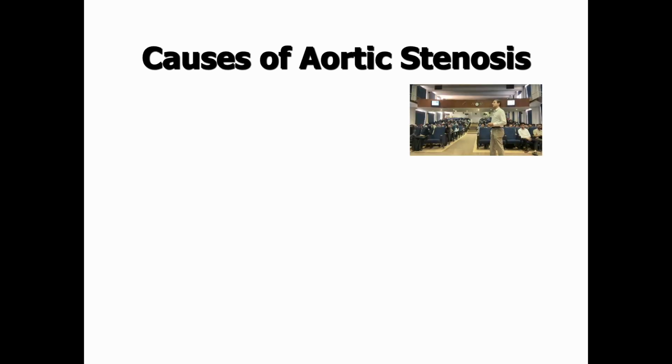Now, what are the causes of aortic stenosis? You can say it is congenital, bicuspid aortic valve. When you divide patients age-wise, patients who are younger tend to have bicuspid aortic valve as a cause of aortic stenosis. In a little later age group, you may have degenerative diseases.